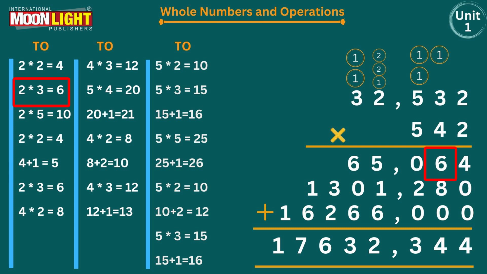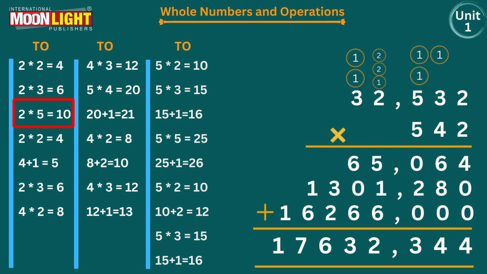So you are going to write down 6 over here right below the number which is at tens place. Now again I will take this number 2 and I am going to multiply this number by 5. 2 multiplied by 5 is, yes, 2 5s are 10.